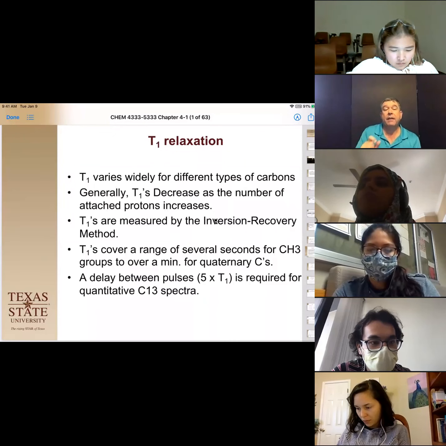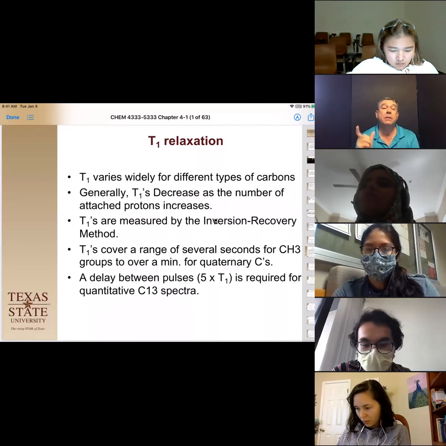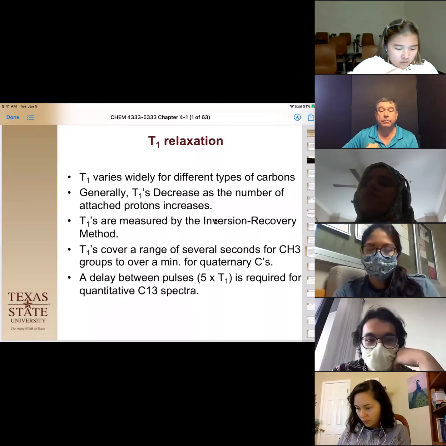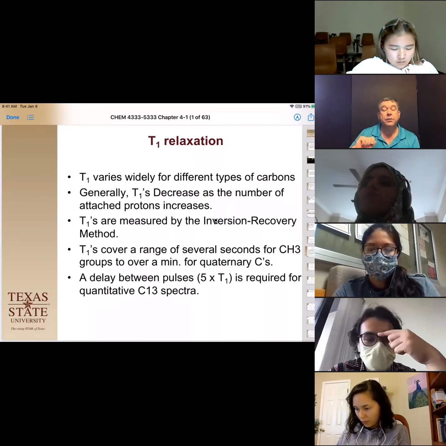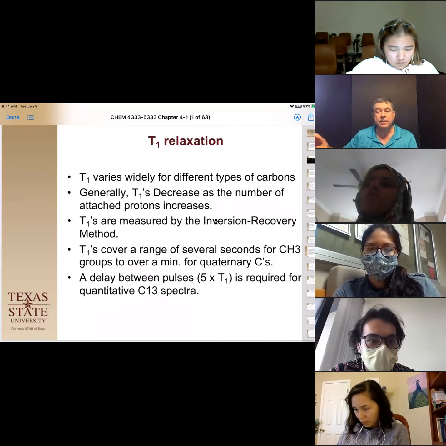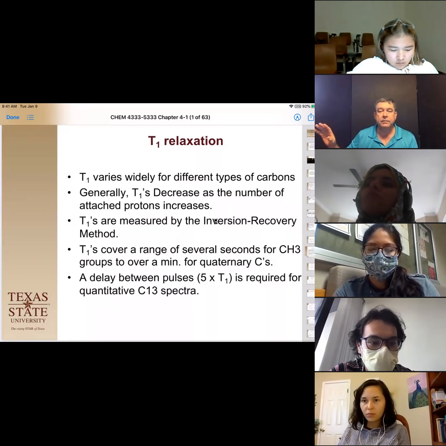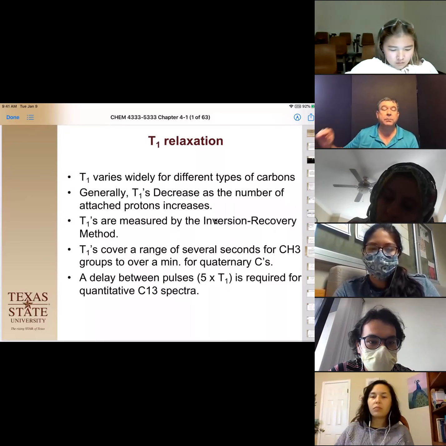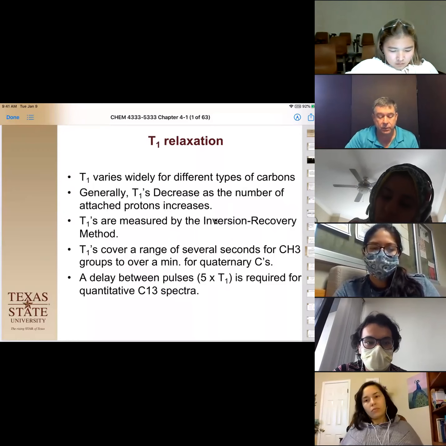Then you actually have to delay 5 times the longest delay before you can pulse again. Because you don't want any extraneous signal in there, because it'll show up at the wrong place on your FID. So you have to wait until everything completely relaxes and equilibrates before you pulse it again. So what does that mean?